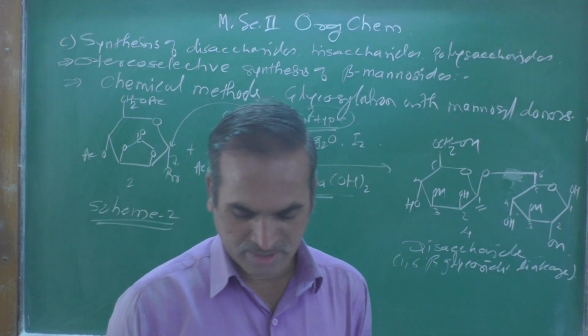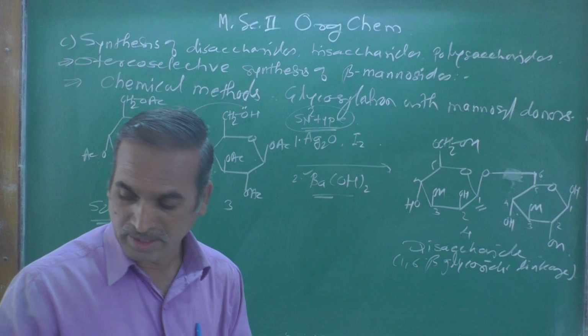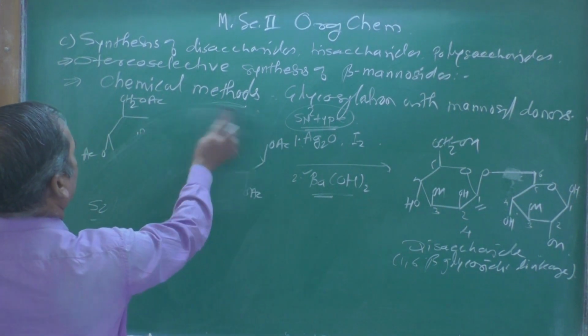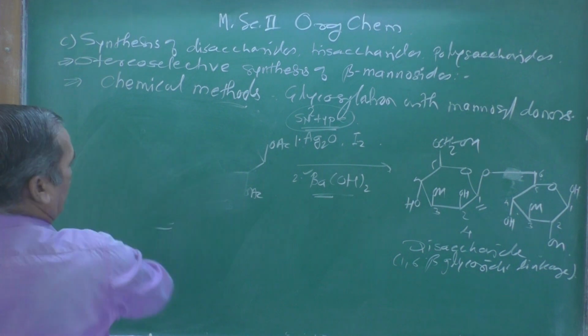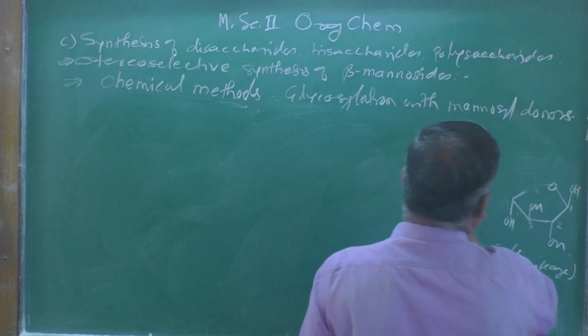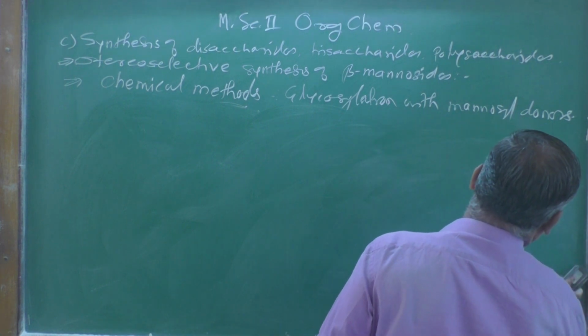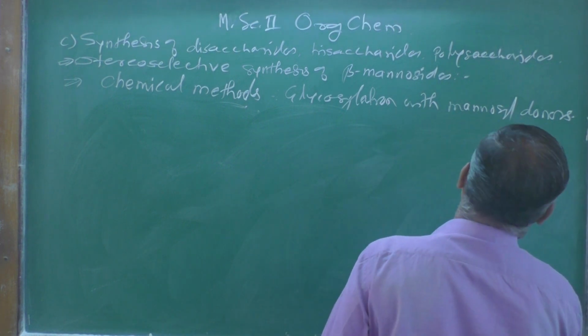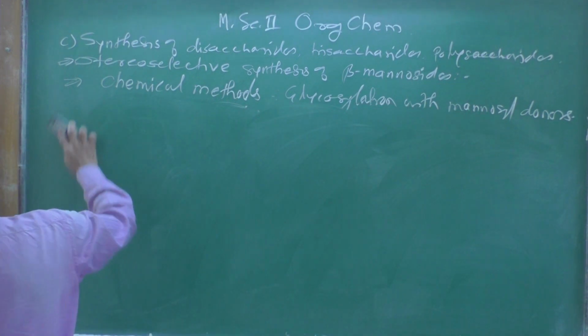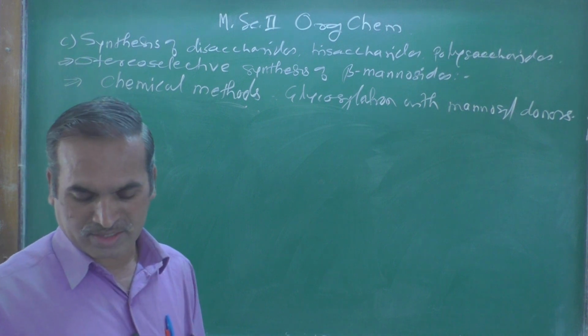Let us see here. Let me clean the board first and then we will represent another scheme, from which we can get the beta monosaccharide that we are discussing.